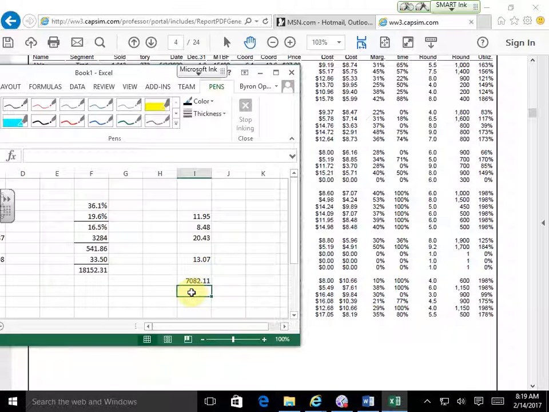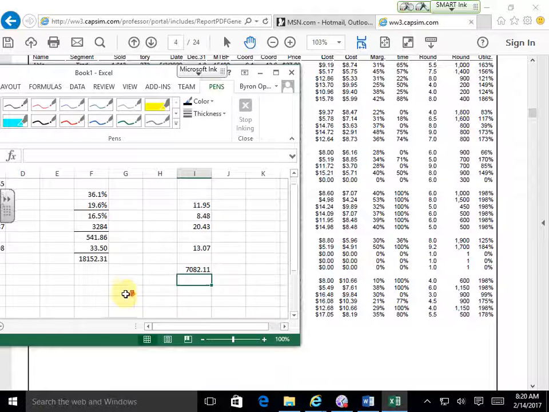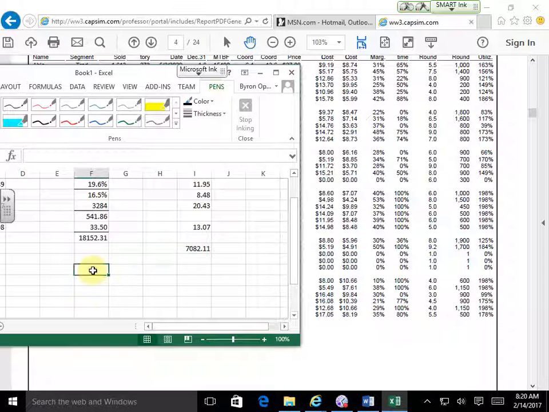So they had almost 7.1 million that they missed out on in gross profit. Okay. I'm going to do one more thing here, and then I'll turn you guys loose. I want to see my contribution margin, which is going to be this 13.07 divided by my 33.50.